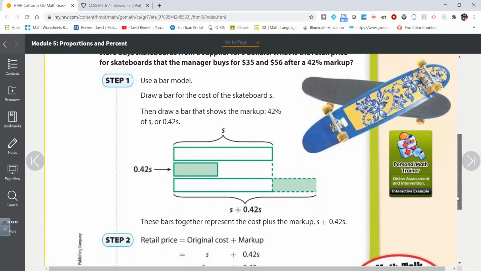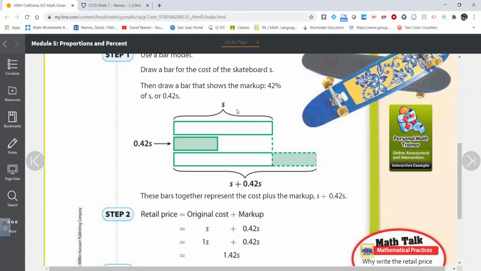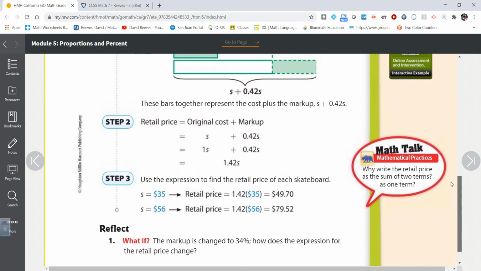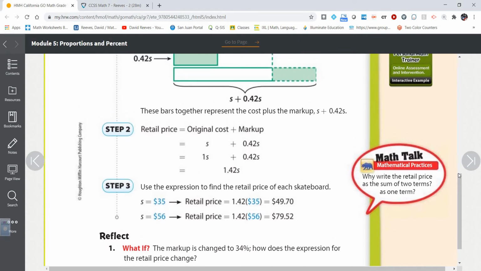So we went through this example where we had a skateboard, but we said the price was going to be S, which was a variable, meaning it can represent anything either we don't know or a changing value. And we said the markup was going to be 42%, and we said that there were two ways to represent that markup.